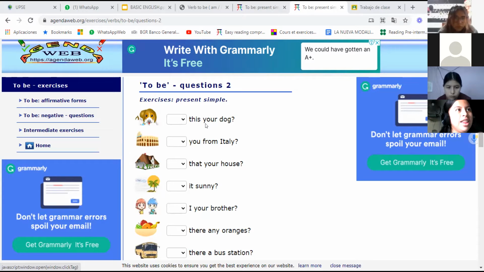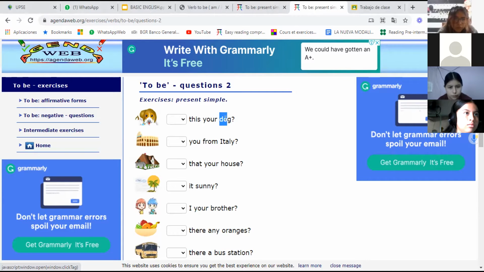Okay. Is this your dog? Okay. So probably you don't know the subject. Probablemente usted no sepa cuál es el sujeto. Profesor, ¿cómo voy a conjugar el verbo si no sé cuál es el sujeto? ¿Qué persona es? Okay, so here we have the answer. Aquí tenemos la respuesta. ¿Sí ven? Your dog. ¿Qué persona será el perrito?